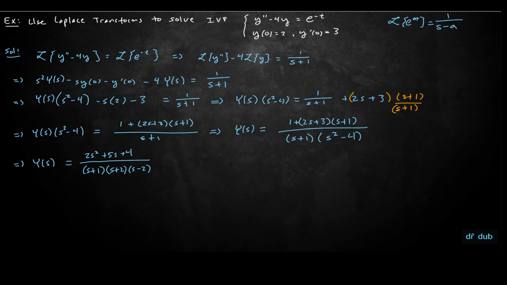And now we need partial fraction decomposition. Break that up: capital A over s plus 1 plus capital B over s plus 2 plus capital C over s minus 2.